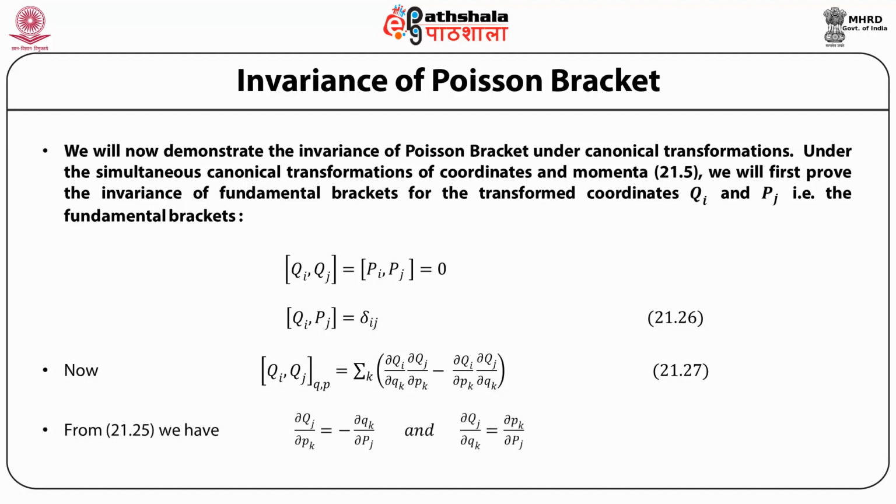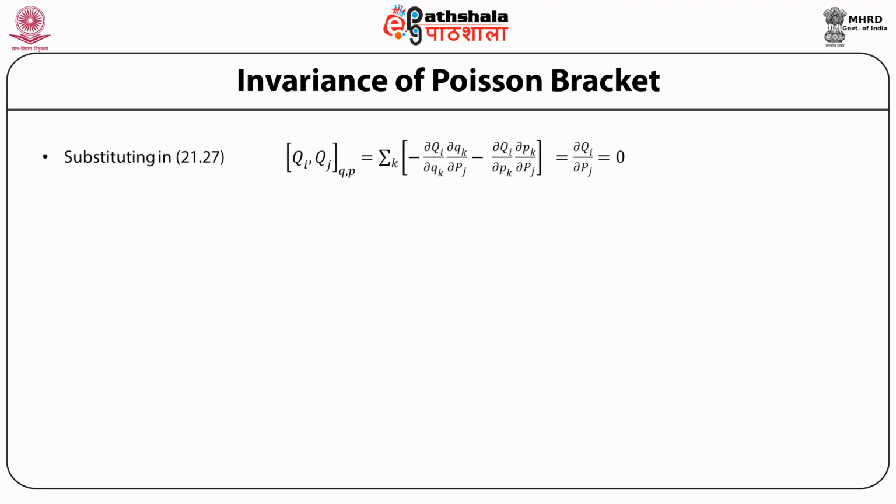And from the relations which we obtained earlier, we have the partial derivative of the new coordinate with respect to the old momenta equal to minus the partial derivative of the old coordinates with respect to the new momenta, and likewise for the partial derivatives of the new coordinates and old momenta. So when we substitute this in the expression for the Poisson bracket between Qi and Qj, the Poisson bracket turns out to be 0, and in a similar way, the Poisson bracket between Pi and Pj is also equal to 0.